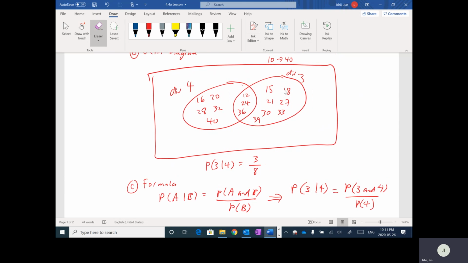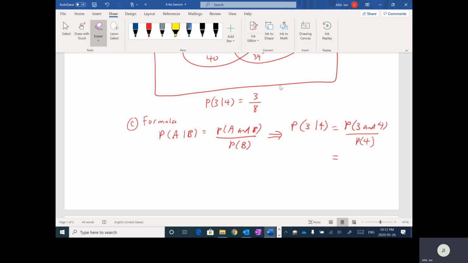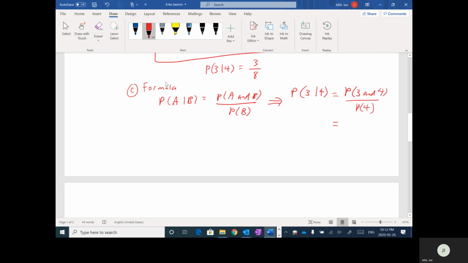3 out of the, so between 10 and 40, there are actually 31 numbers.